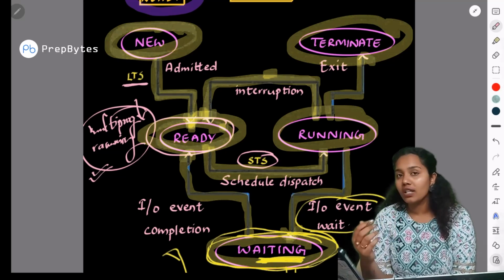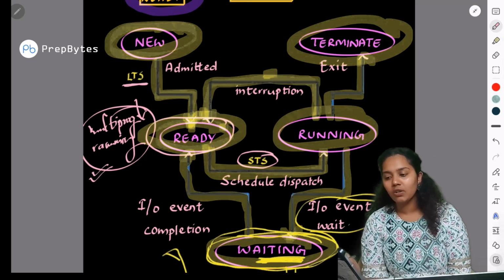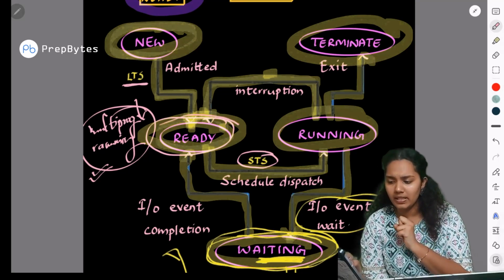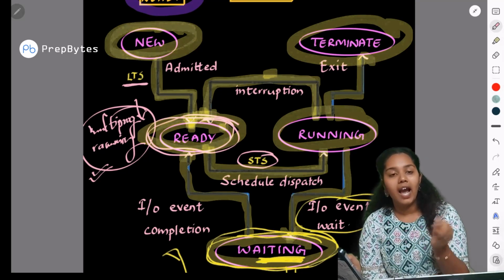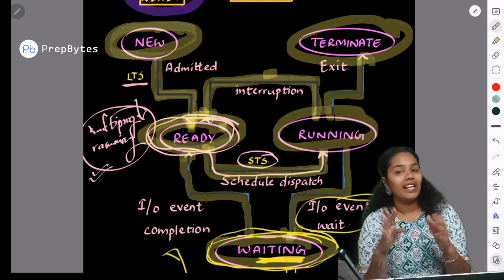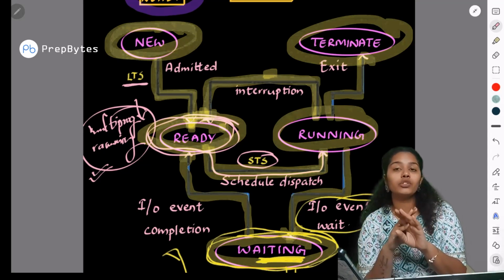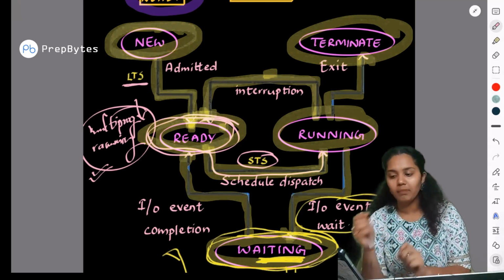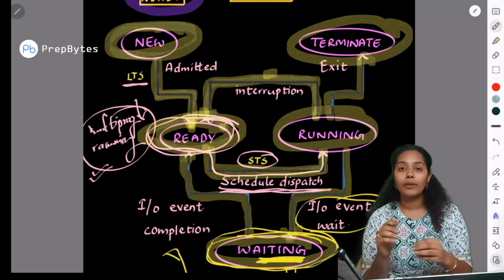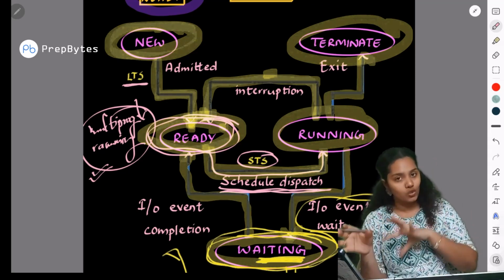Now, what does the short-term scheduler do? Whatever programs are present in the ready state are generally loaded into the running state. The short-term scheduler is responsible for the schedule dispatch, which means deciding which is important first, which is not.